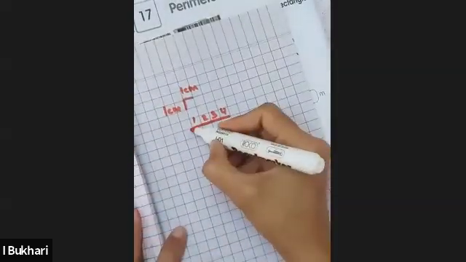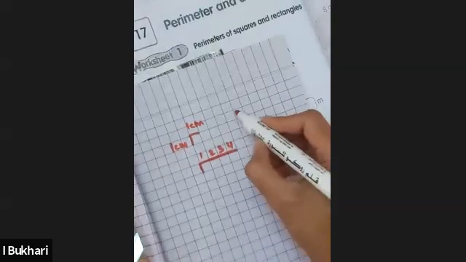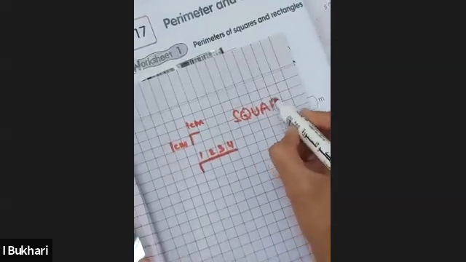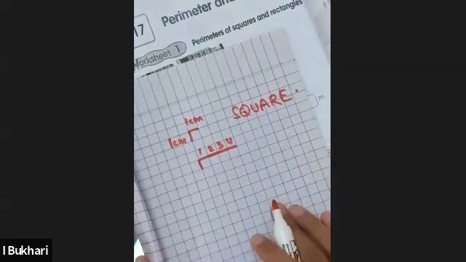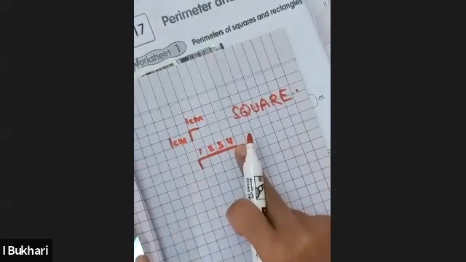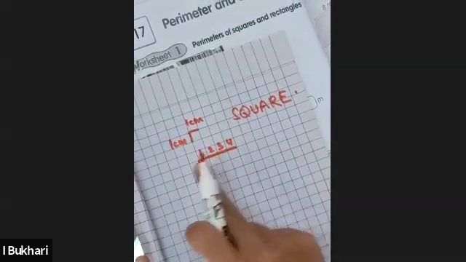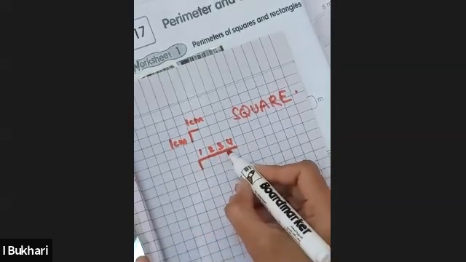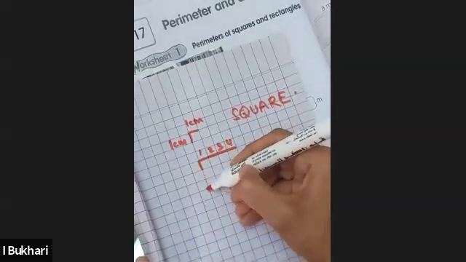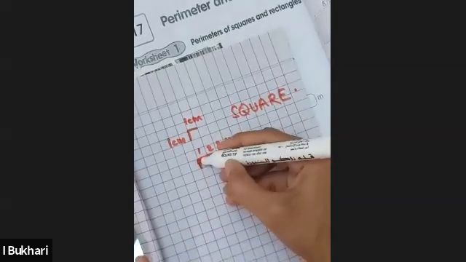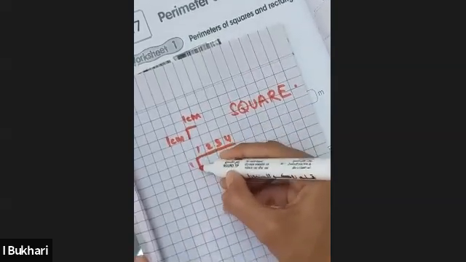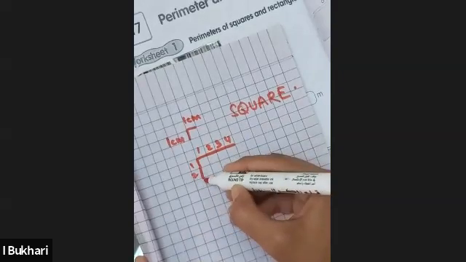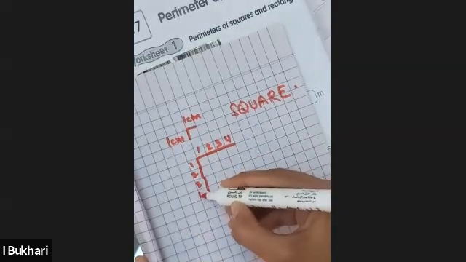Then this also, because this is a square, all sides should be equal. If this is 4 units, this is 4 centimeters, this is 1 centimeter, 2 centimeters, 3 centimeters, 4 centimeters. This should also be 4 because this is a square. All sides should be equal. So 1, 2, 3, 4.